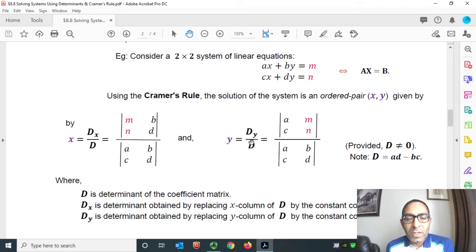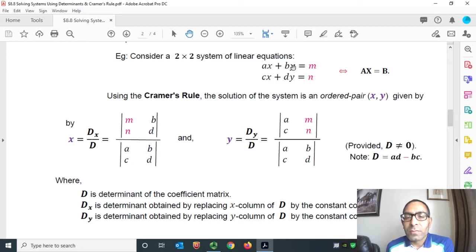Similarly, little y equals the ratio of determinant Dy over determinant D. The determinant in the denominator is simply the determinant of the coefficient matrix, and in the numerator the determinant Dy is obtained by replacing the y column of D by the constant column.